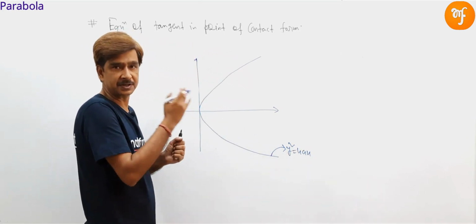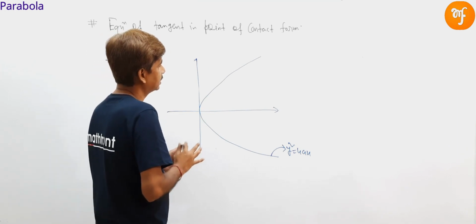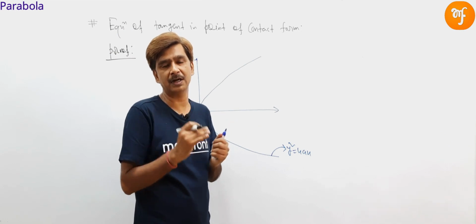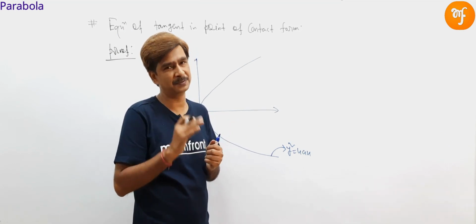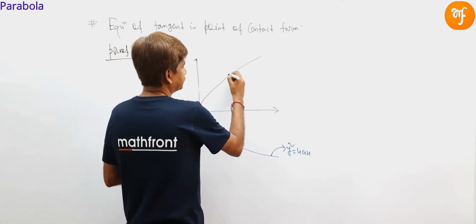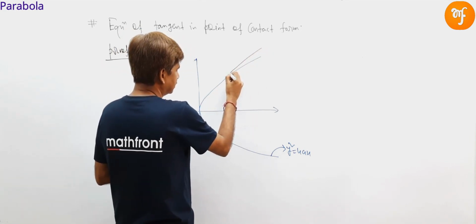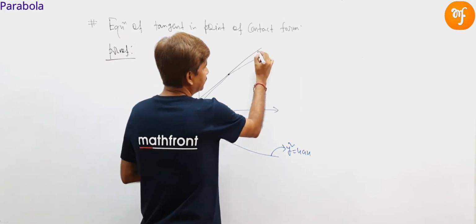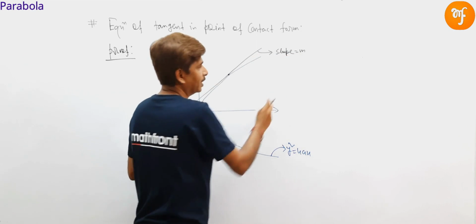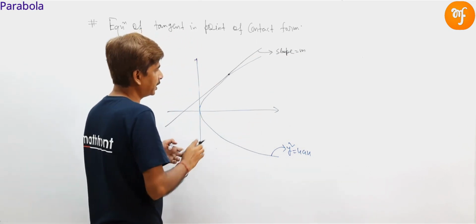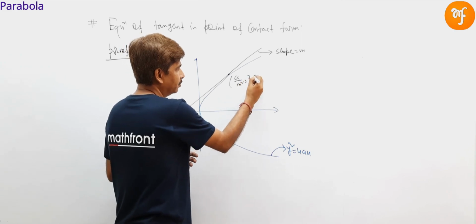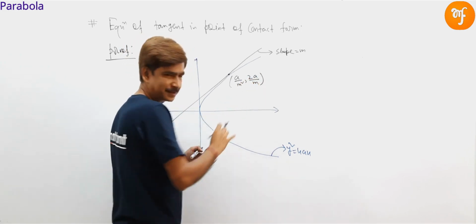So in the previous discussion, we discussed that if the slope of the tangent is m, then the point of contact of tangent will be what? a by m square comma 2a by m. So we are drawing a tangent. As we already proved, if the slope of this tangent is equal to m, then the point of contact will be a by m square comma 2a by m. Is it?